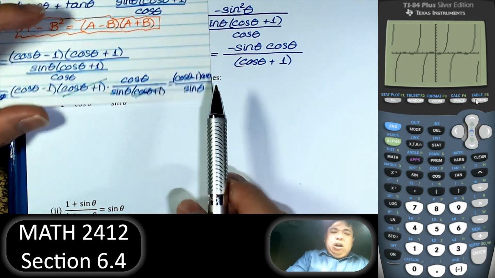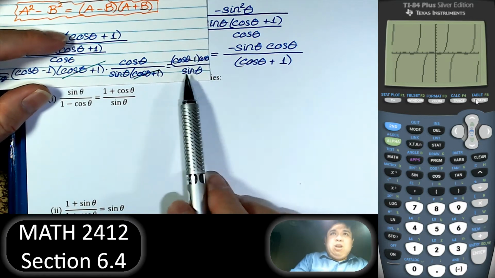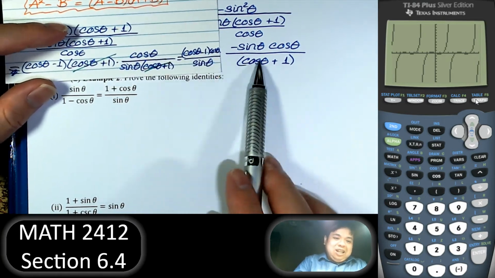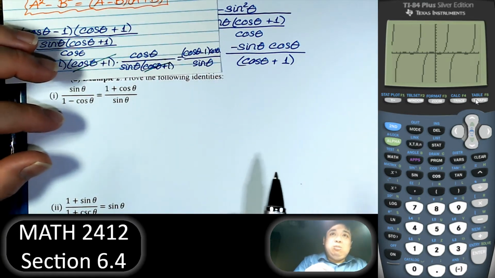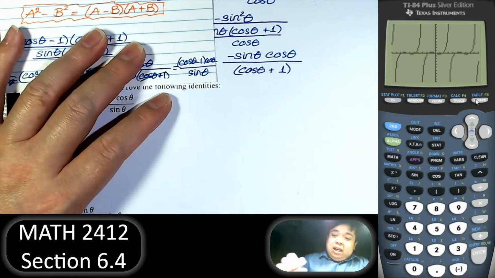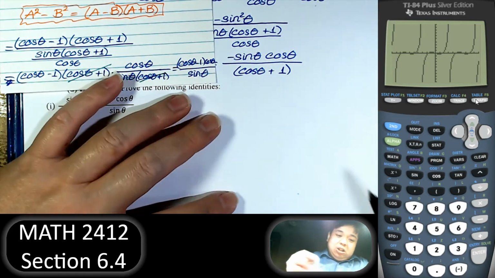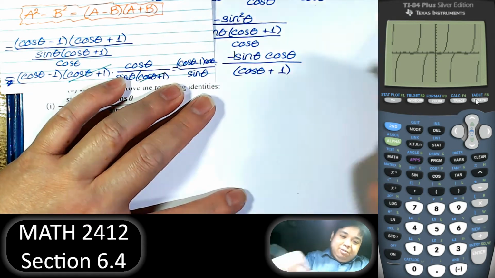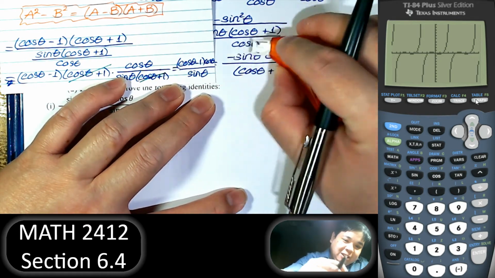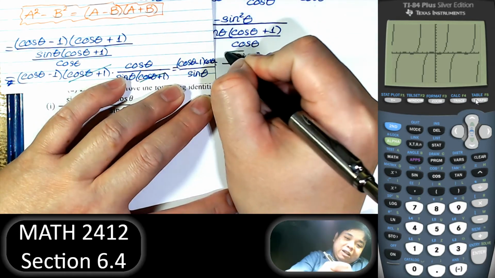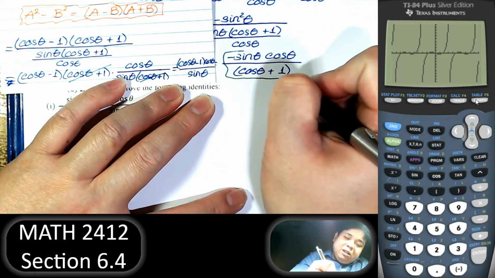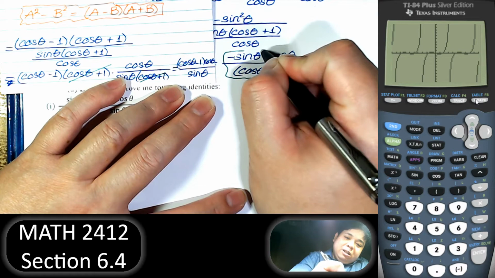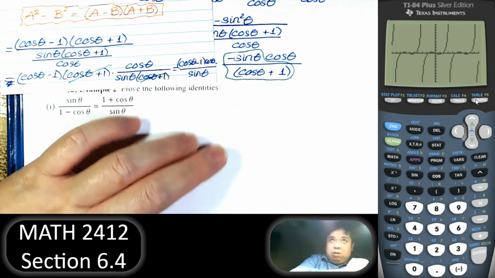Now, by the way, those are kind of a lateral move, because it doesn't look like one is more simplified than the other. But now, I just want you to pay attention to this. We have sine, oh wait, sorry, I mean, including the negative sine over cosine plus 1.